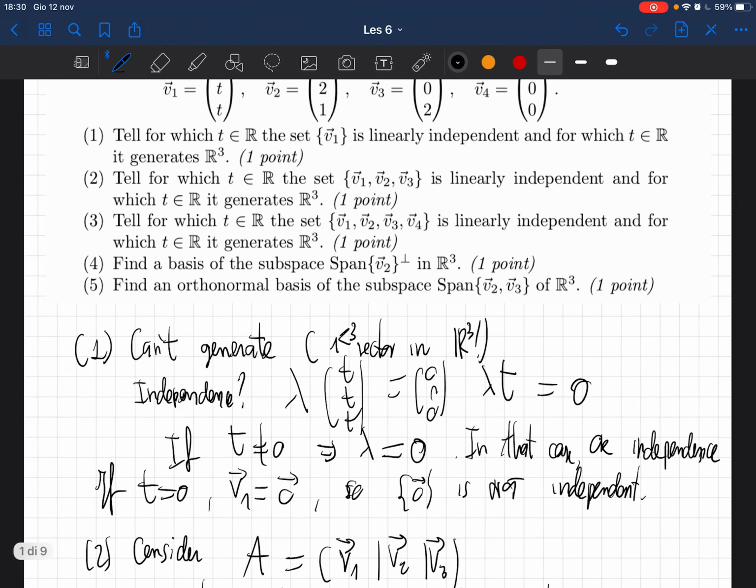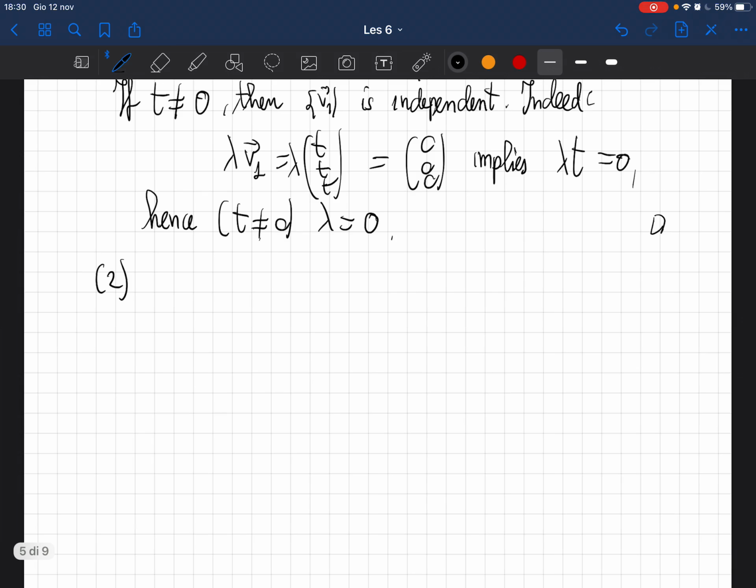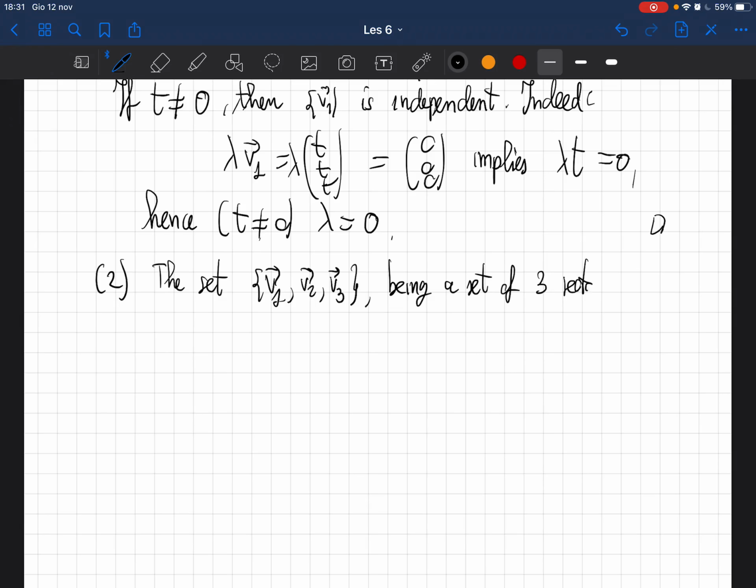Let's see. What was that? The set of 3 vectors in R3 is independent if and only if it is generating.